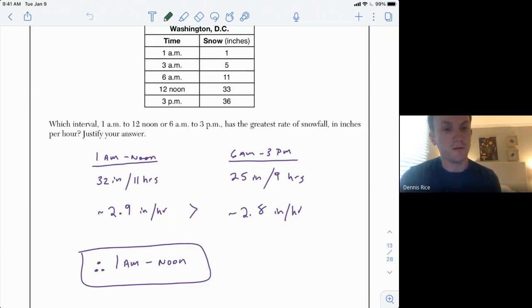So you could get it wrong and still get a 1 out of 2 versus, oh, I wrote 1 a.m. to noon. How come I'm getting 0? Because you didn't show anything else. So don't think just because your final answer is wrong that you get a 0. If you had 6 a.m. to 3 p.m. and you put the wrong number here, that could be a 1 out of 2. Kind of gauge it yourself from there if you made a slope error somewhere in your calculation. Questions with this one? Yeah, not everything's going to work out perfectly.